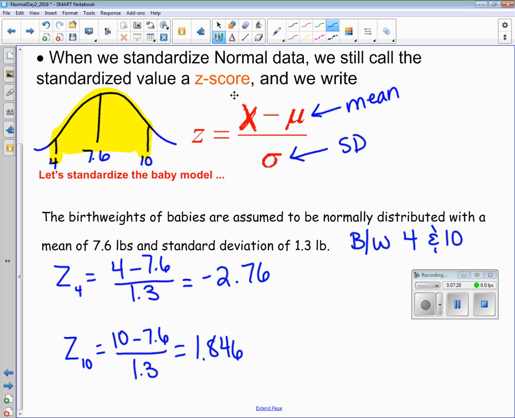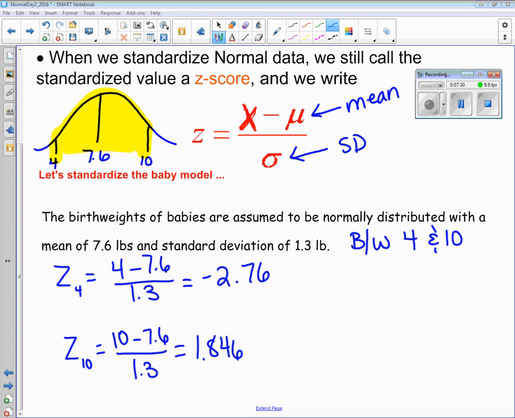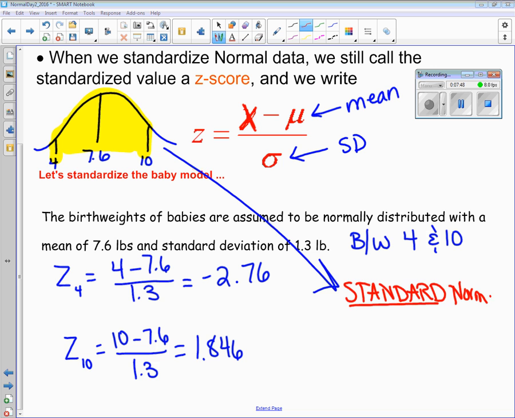So what I want to talk about is that this graph that we started with up here, between the 4 and the 10, we are actually going to standardize. We're going to do it on what we call a standard normal, and that would include the z-scores. So instead of a 4, we're going to write negative 2.76. Instead of the 10, we're going to write 1.846.